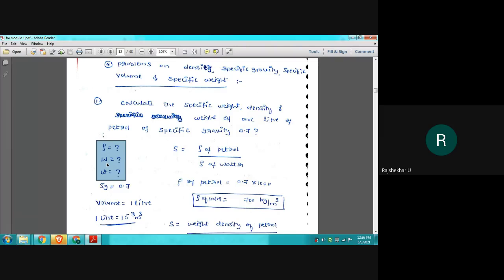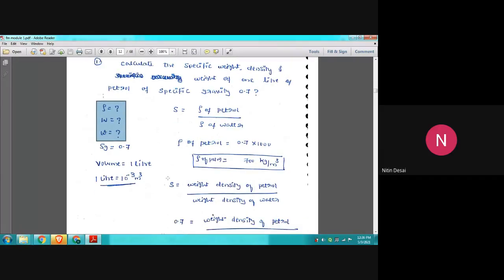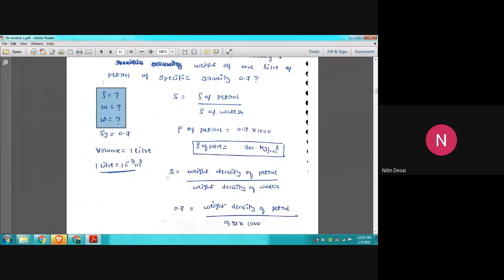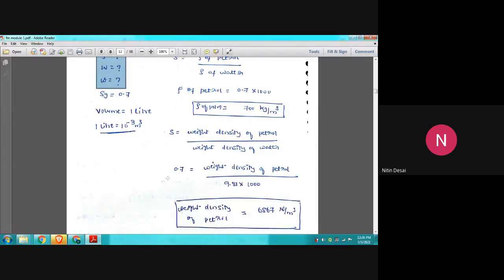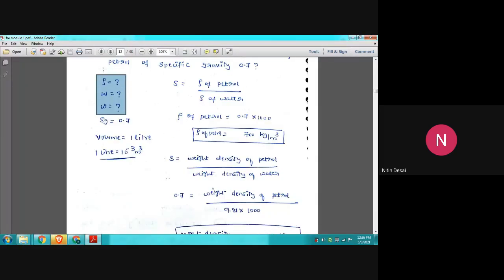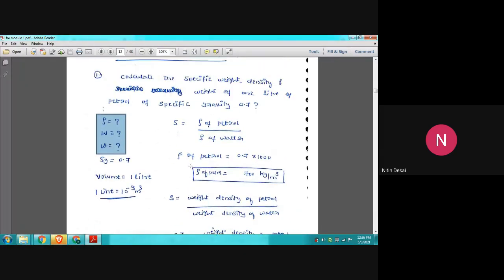Specific weight definition: weight divided by volume.